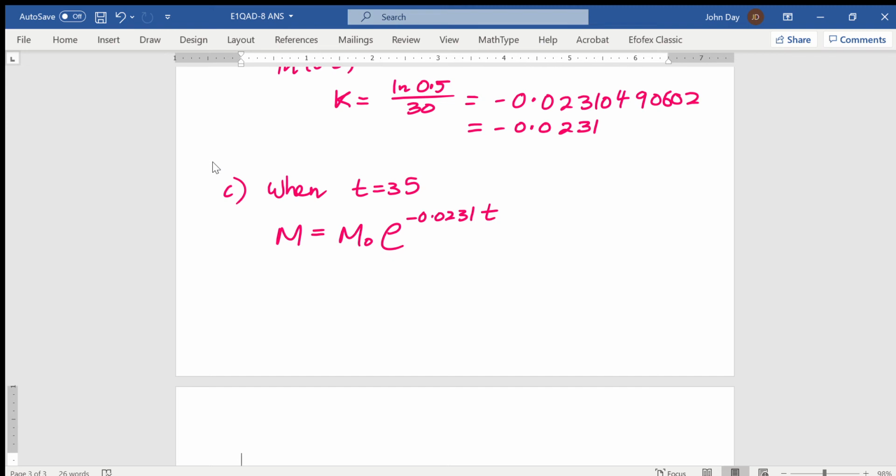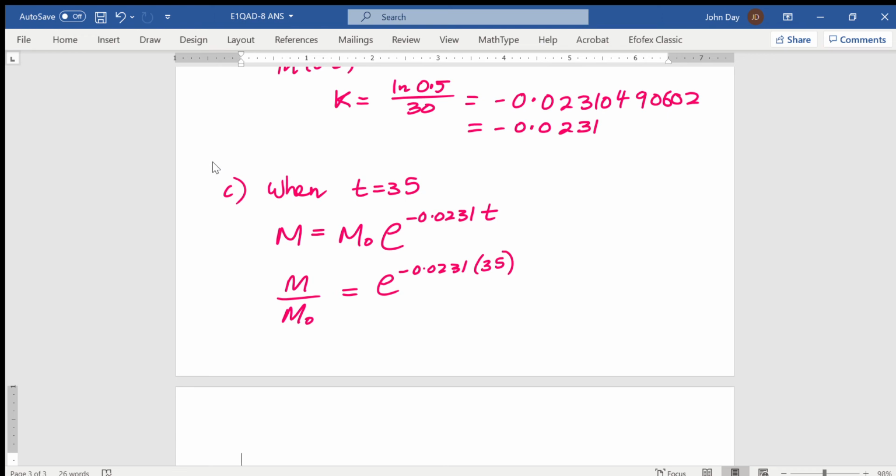So M compared with M naught is e to the negative 0.0231 times 35 in this case. So the fractional relationship, the comparison between them, is M on M naught, the amount we've got compared with the original amount, and that's equal to e to the negative 0.0231 times 35.